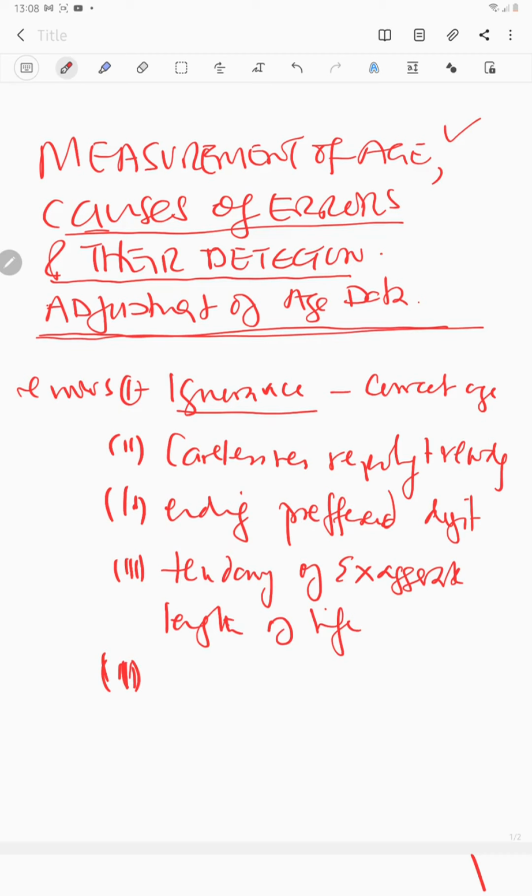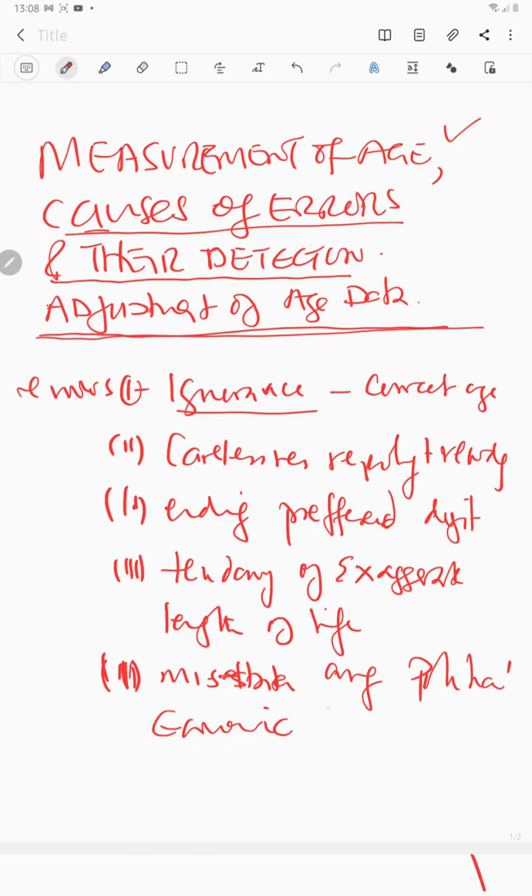And at the same time, people can deliberately do what is called misstatement, arising from motives of an economic, social, political, or even purely personal character. Okay, so it can be for political reasons, it can be for economic reasons.